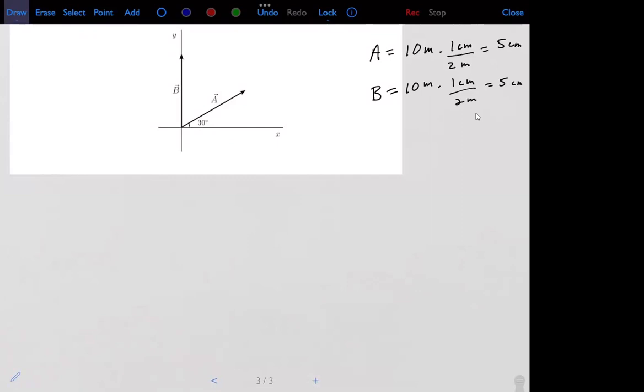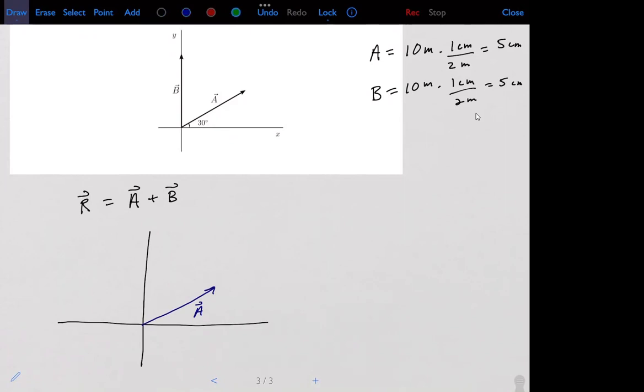So I want R is equal to A plus B. So in this case, I start with A. Let's look something like that. And then at the tip of A, I'm going to draw B, which is going straight up, right, 90 degrees.